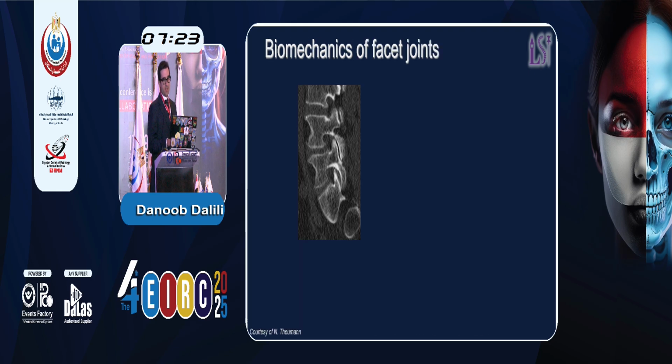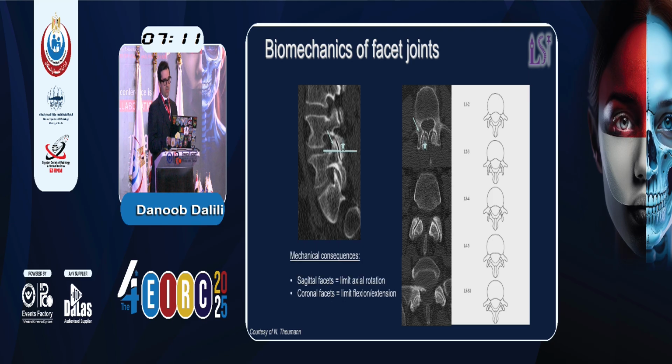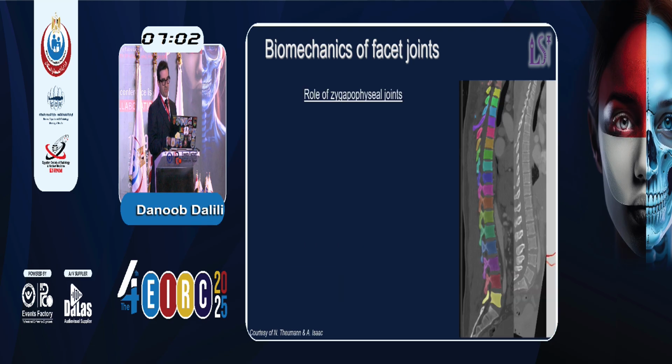So we know that the orientation of the facet joint varies amongst different regions in the spine due to the distinct motion and stability requirements. We typically understand that the sagittal plane limits axial rotation, whereas the coronal facets limit flexion and extension. So these are the mechanical consequences.